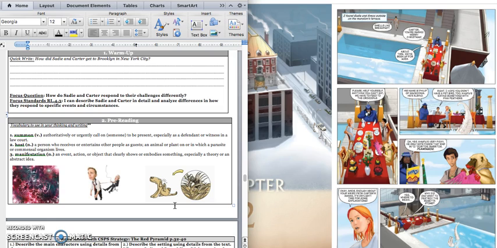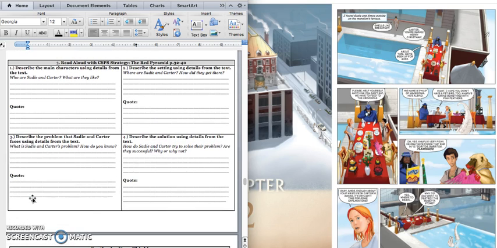So the insect might live on the animal and they both benefit from that. So the animal is the insect's host. And the last word is manifestation. And that is like an event or an action that kind of explains something. And so this would be an example of a manifestation.